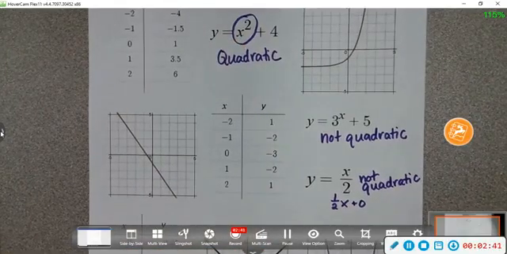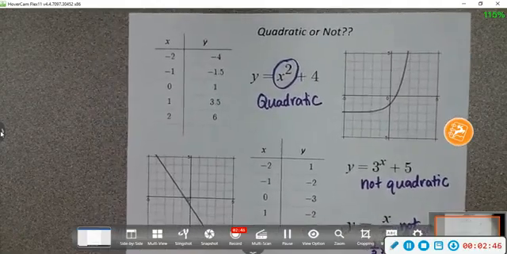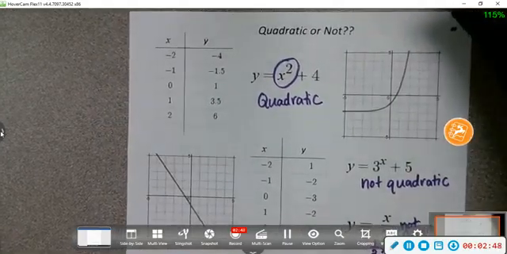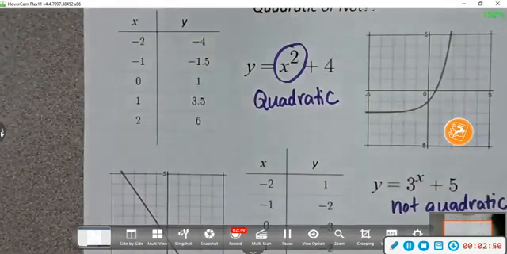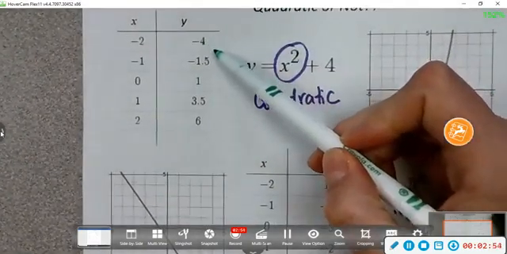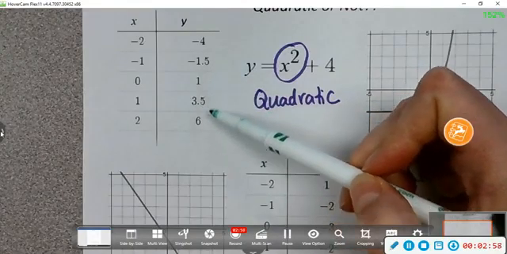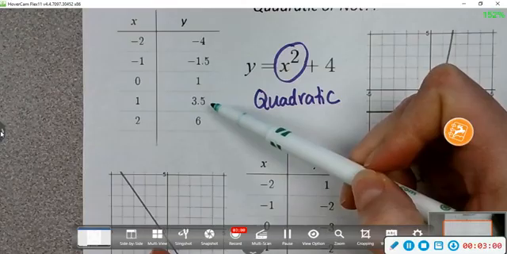Next, we're going to look at the three tables. We're going to start with this one at the top. In this table here, one thing that I notice is that my y values start out low at -4 and then they are increasing. So this could potentially be a quadratic.